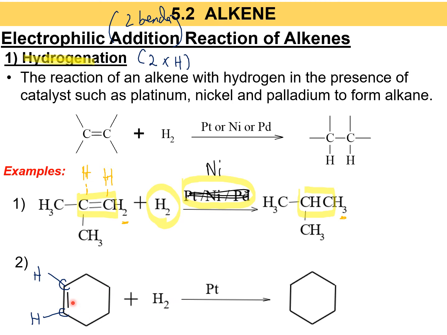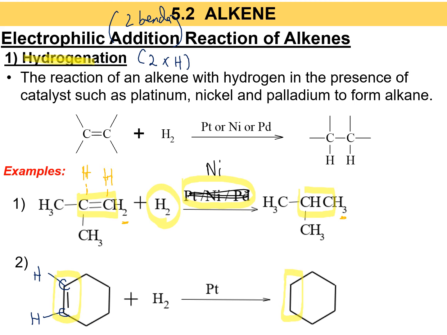Okay, and then bila dia buat electrophilic addition reaction jenis hydrogenation, di mana dia akan gunakan reactant ataupun reagent hydrogen and also catalyst platinum. So daripada carbon-carbon double bond ni, dapatlah jadi carbon single bond. Okay, sebab kita isi dengan apa?